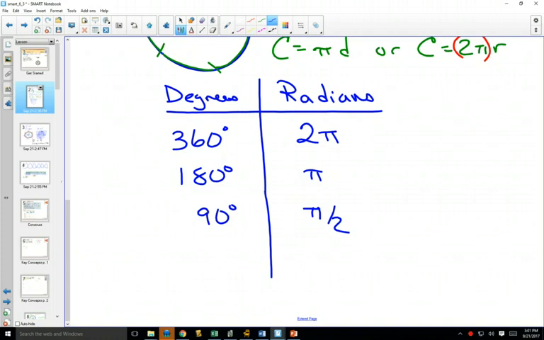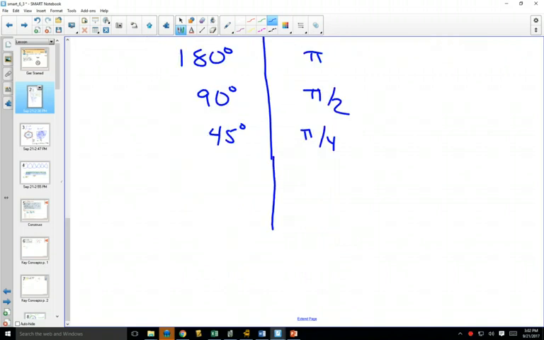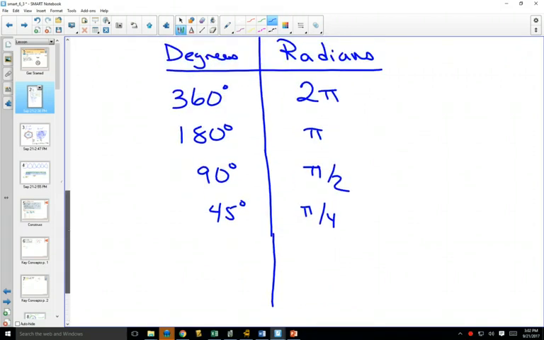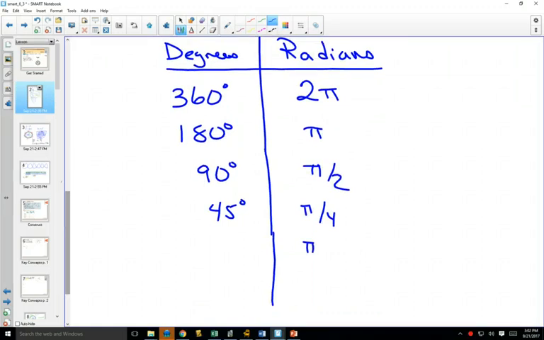So now, if I tell you 45 degrees, you tell me how many radians? Pi over 4. Okay. If I tell you, there we go, pi over 6 radians, you tell me how many degrees? 30?